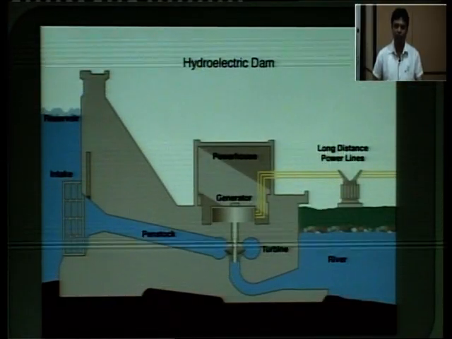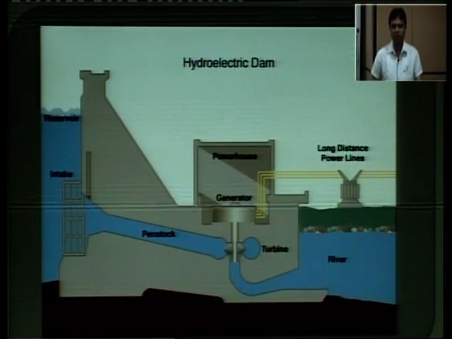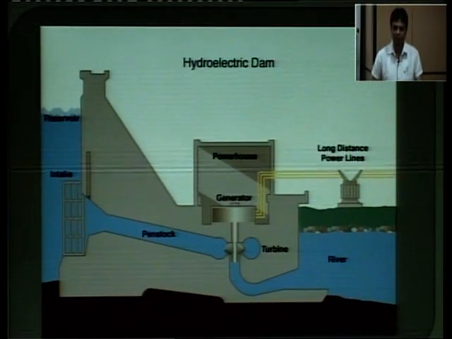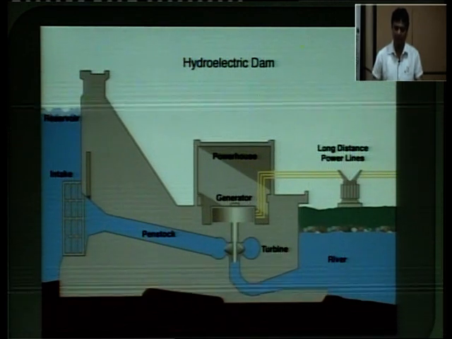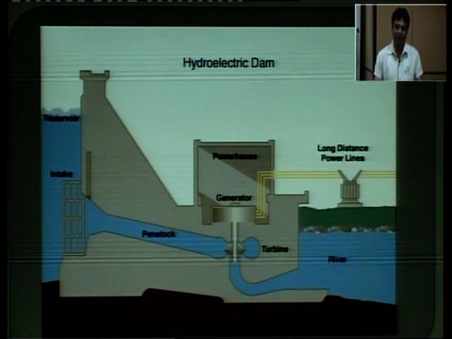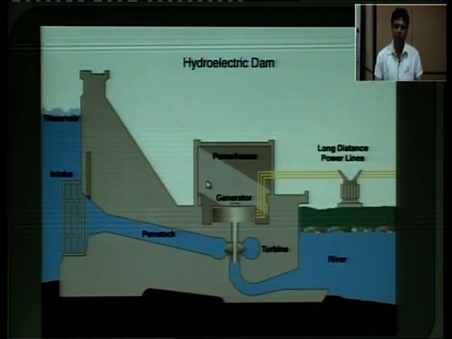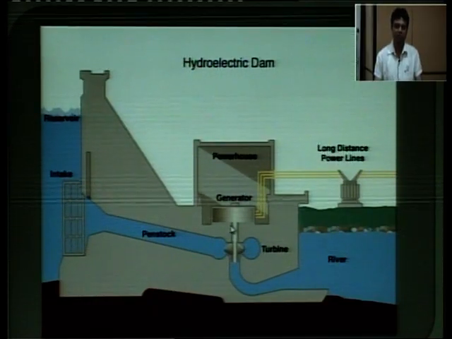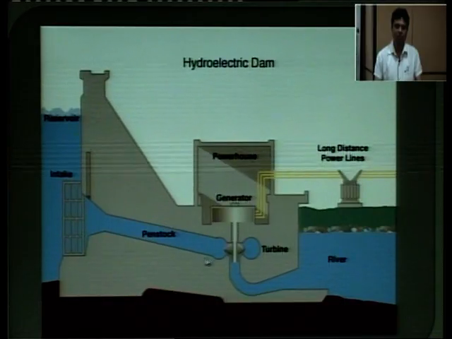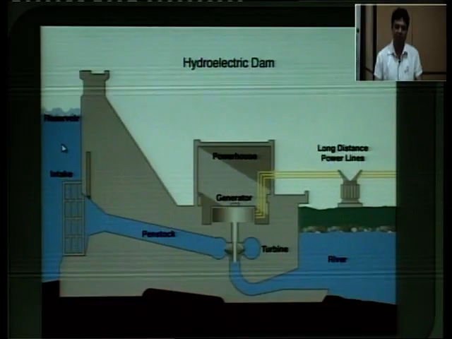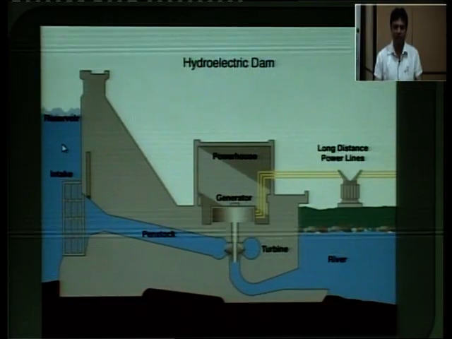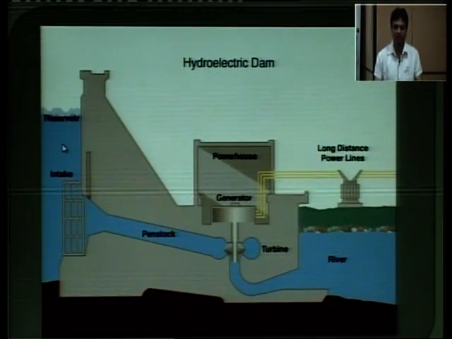This picture shows how electricity is produced. This is the generator, this is the penstock, and this is the reservoir. Water is stored at this place.